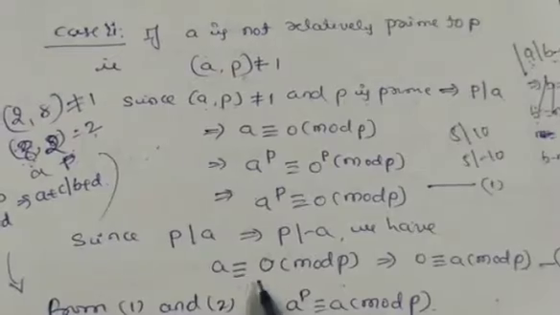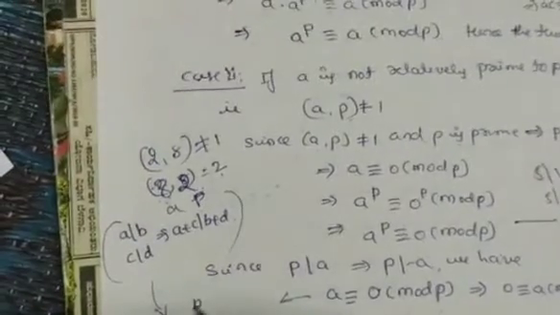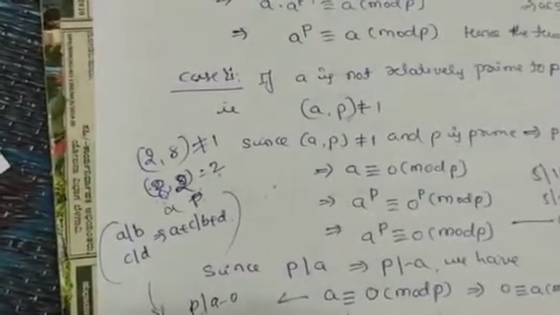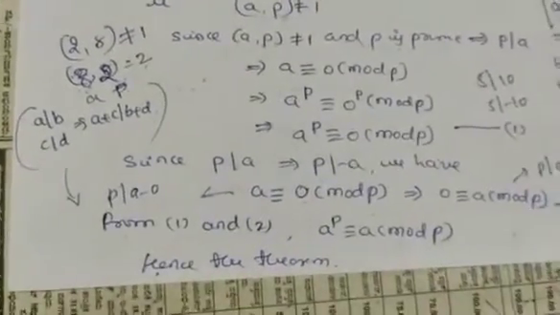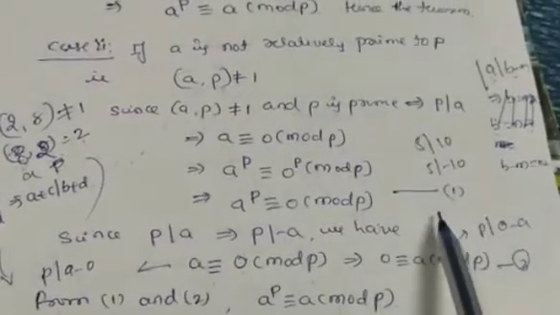So a is congruent to 0 mod p means p divides a minus 0, and this implies p divides 0 minus a. This is the definition of congruence modulo. So p divides 0 minus a means p divides minus a, and p divides a minus 0 means p divides a.